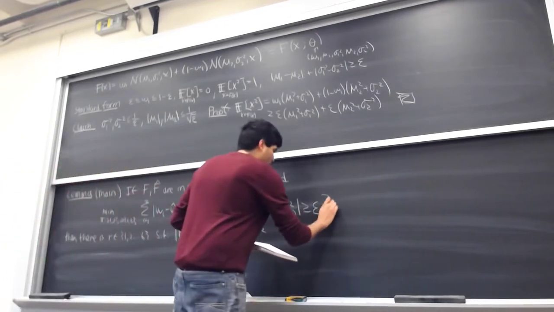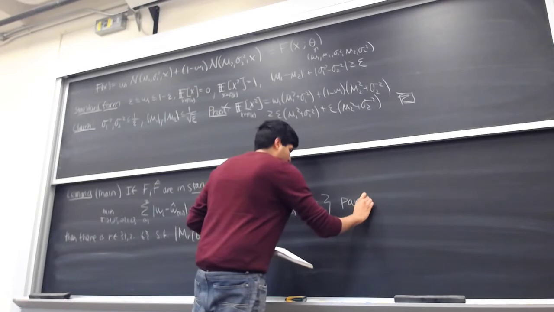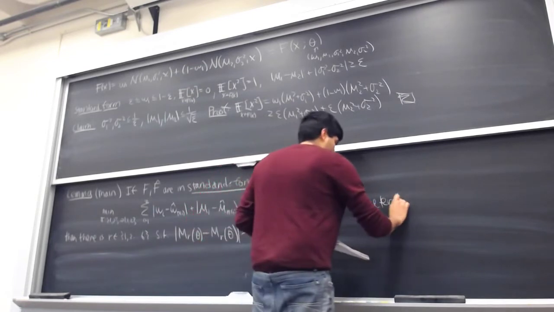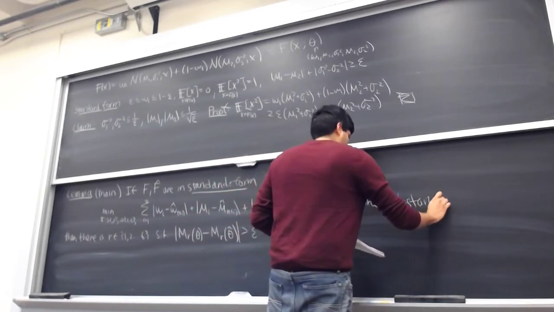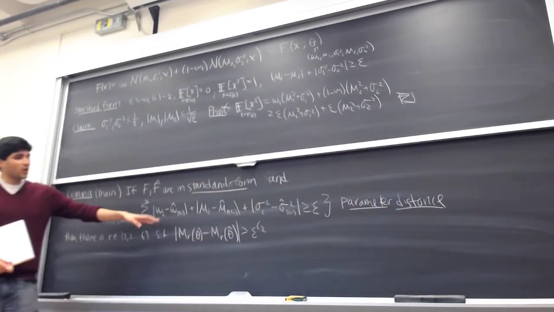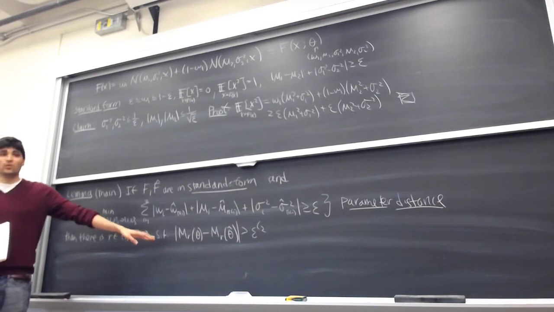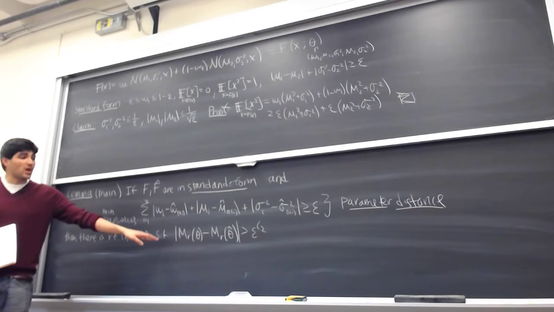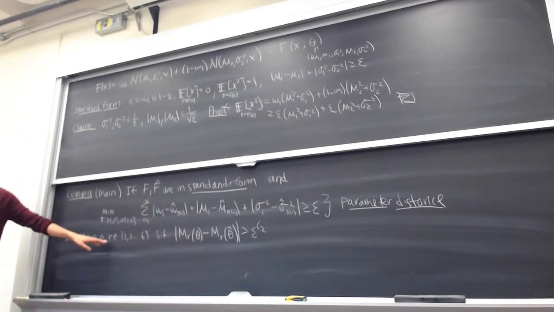Sometimes I'll refer to this as parameter distance. What we really want to say is that parameter distance translates into a distance that we can realize and measure. That parameter distance is polynomially related to discrepancy in moments. And moreover, that we don't have to go to too high a moment to actually realize this discrepancy. So this is the main lemma.